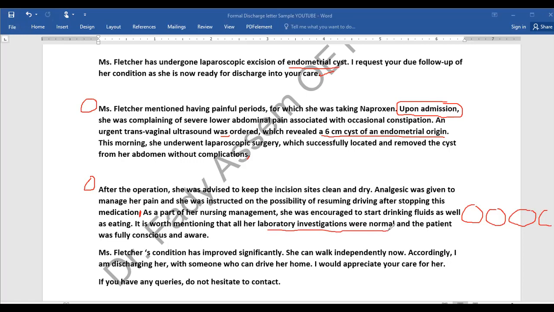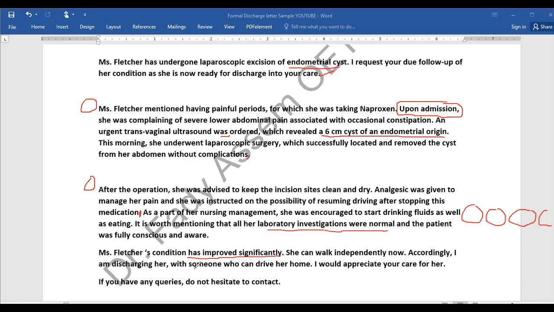Then I move to the last paragraph. In the last paragraph, I have to enumerate how the patient is doing now, her current situation. As I mentioned, in most of the cases, if the patient is going to be discharged, her condition has improved significantly. She can walk independently now.